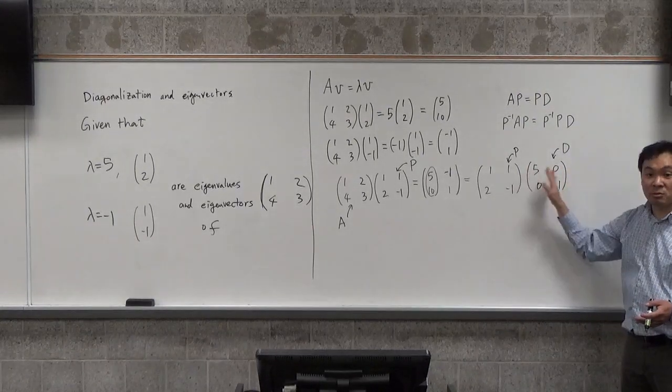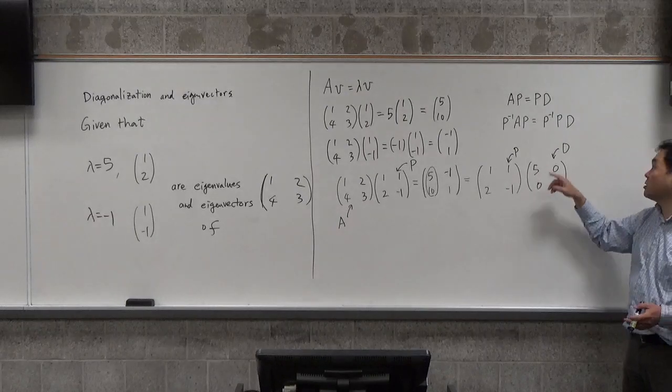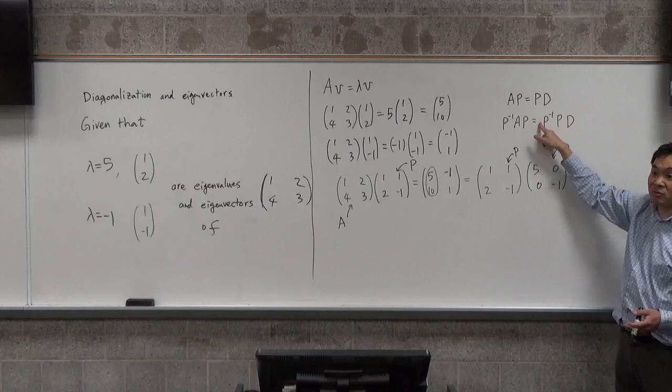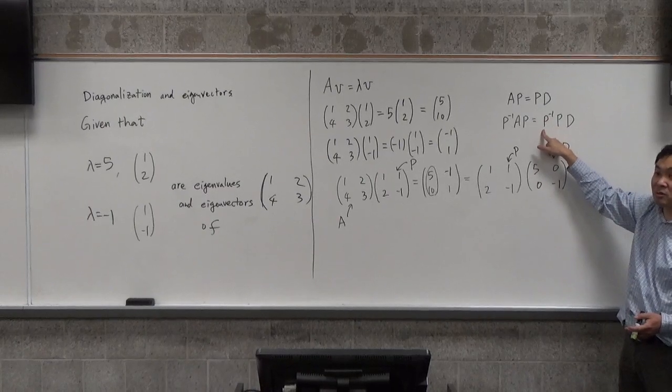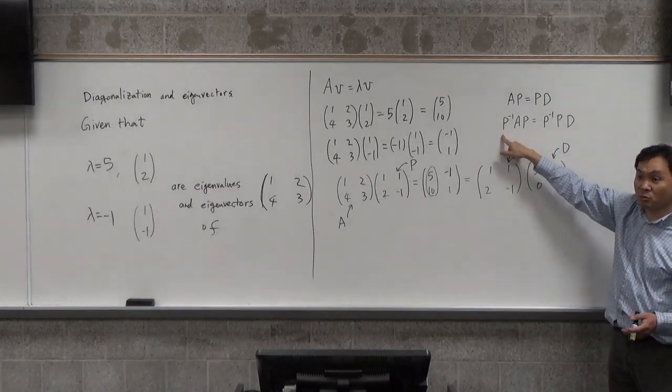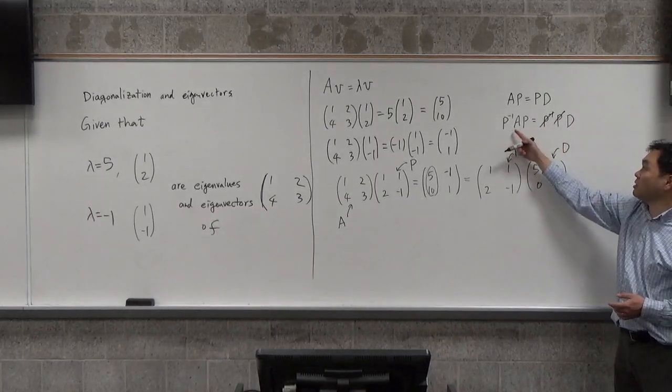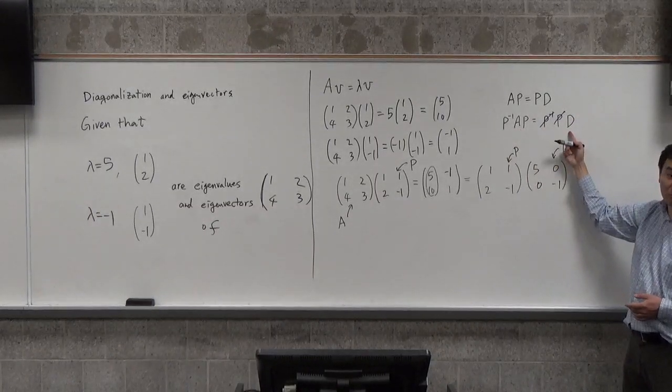These two certainly don't commute. You can check that they don't commute. So it's important that you multiply P inverse on the left side. If you're multiplying P inverse on the left side, you better do the same thing on this side as well. So these cancel, and now you have P inverse AP equals the diagonal matrix, and that's called the diagonalization of A.